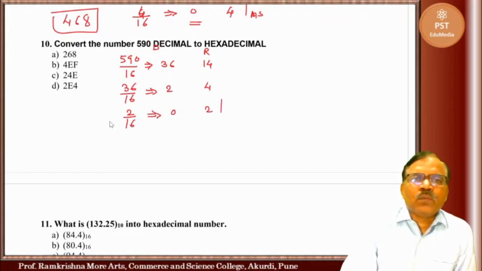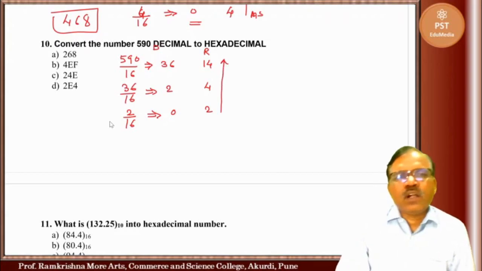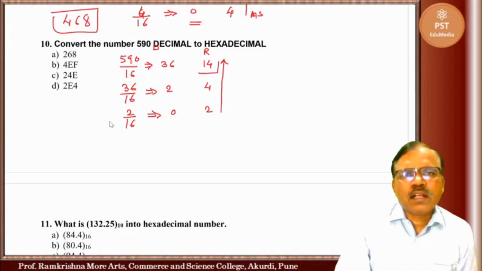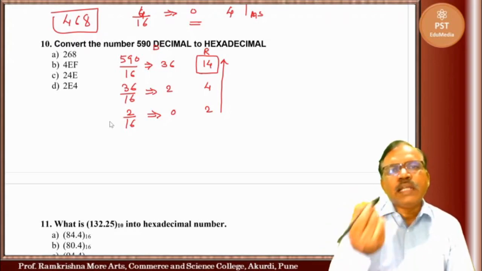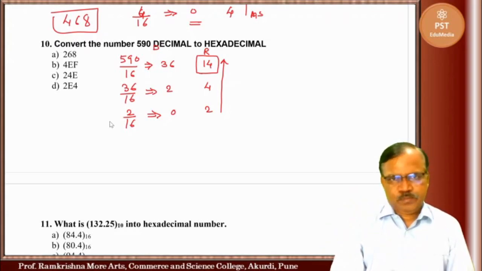Now we have to read from this to this, but here we got 14, so we have to take the corresponding letter.